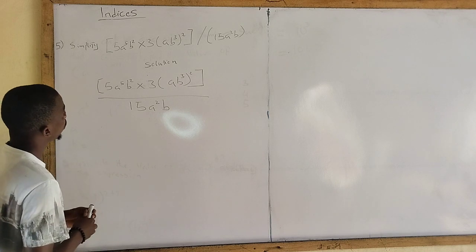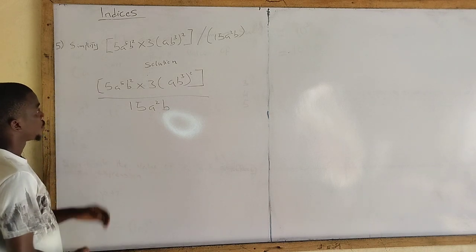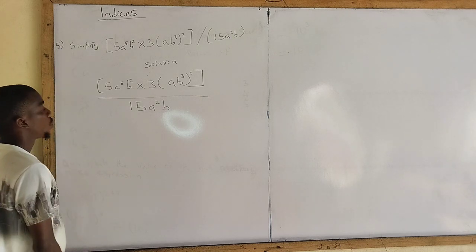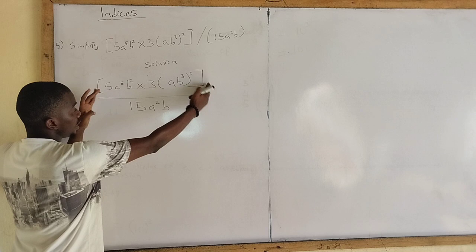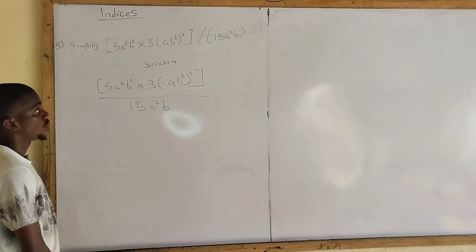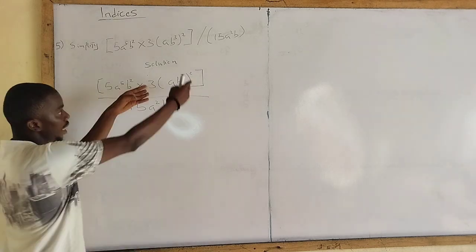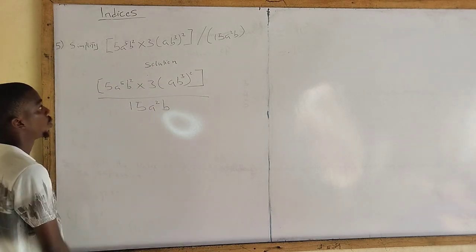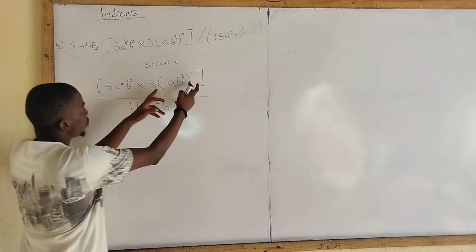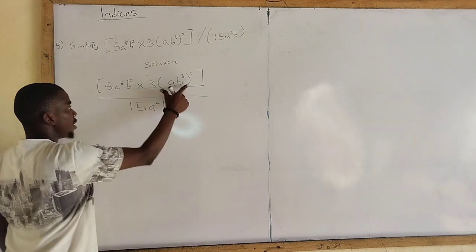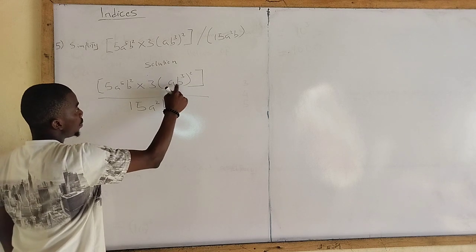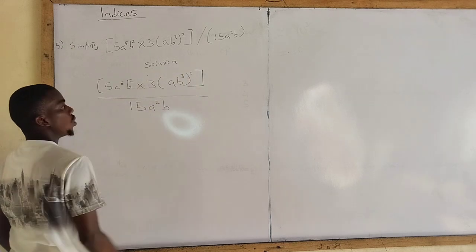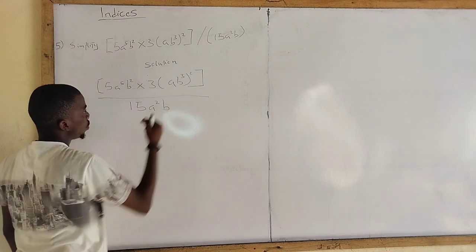Okay, we look at this question closely. Whenever you have multiple enclosures like this in a mathematical expression, you always start with the inner enclosure to solve. So if we come to this, you can see this bracket, (ab raised to the power of 3) squared.